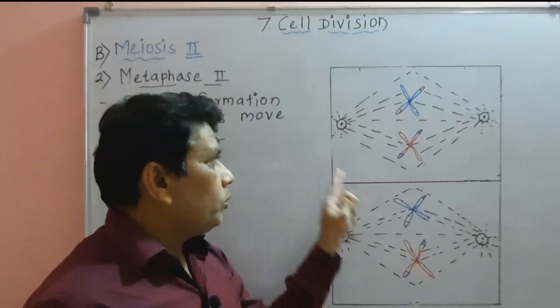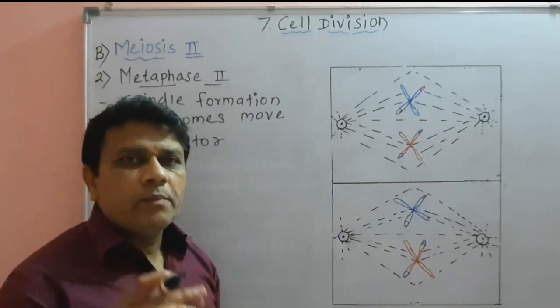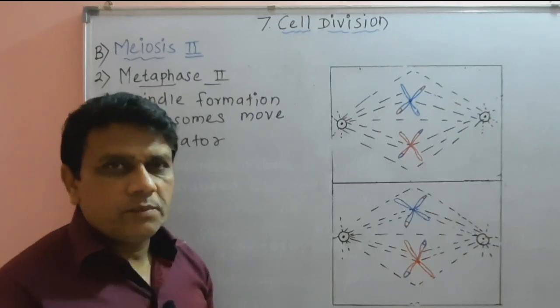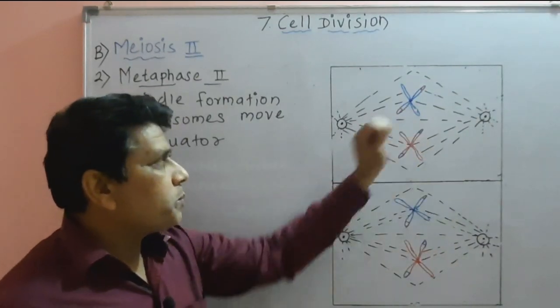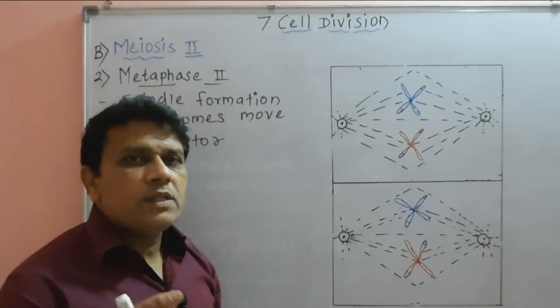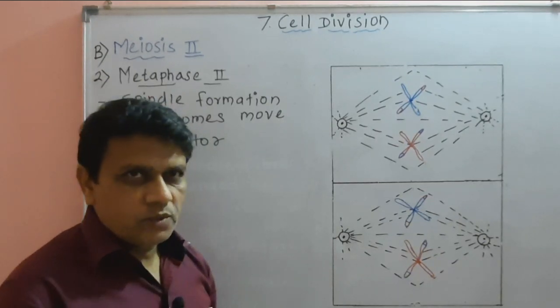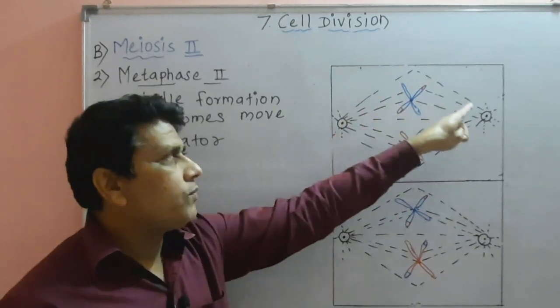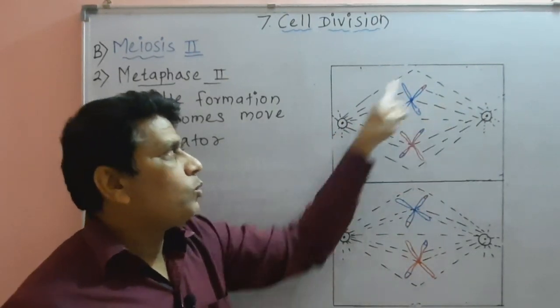Then from both the poles spindle fibers develop. Spindle fibers are of two types: chromosomal spindle fibers, which are attached to the chromosomes, and non-chromosomal spindle fibers, which run from pole to pole.